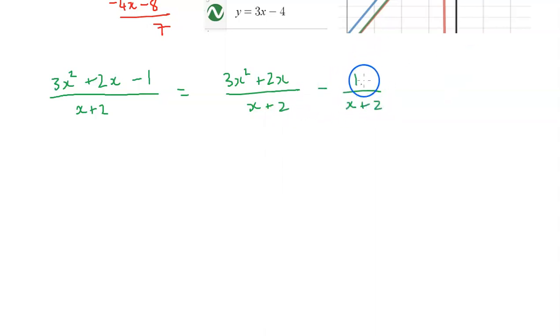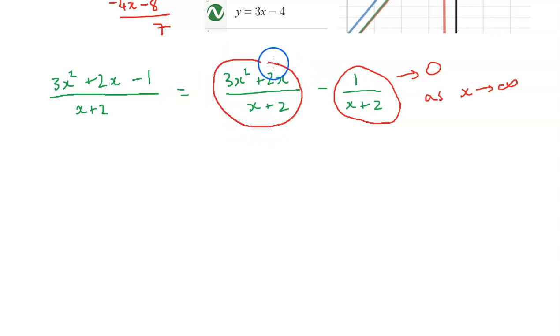And since we're looking at the limits as x tends to infinity, clearly the second thing goes towards 0. So it must be this thing here that goes towards 3x minus 4 as x tends to infinity.